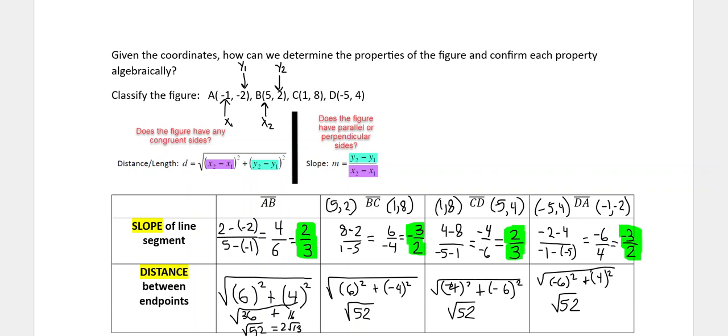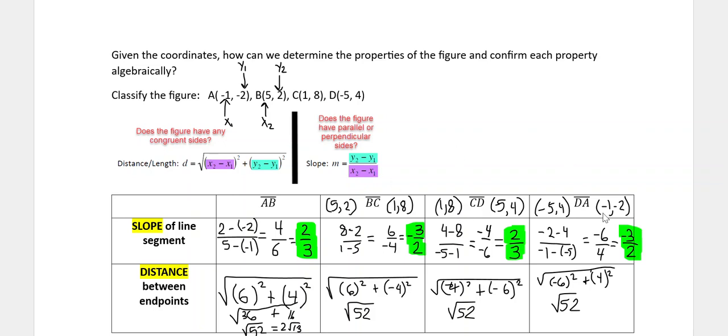In both of those, opposite sides are parallel, and our opposite sides would be AB and CD, and we see they have the same slope, proving that they are parallel, as well as BC and DA.